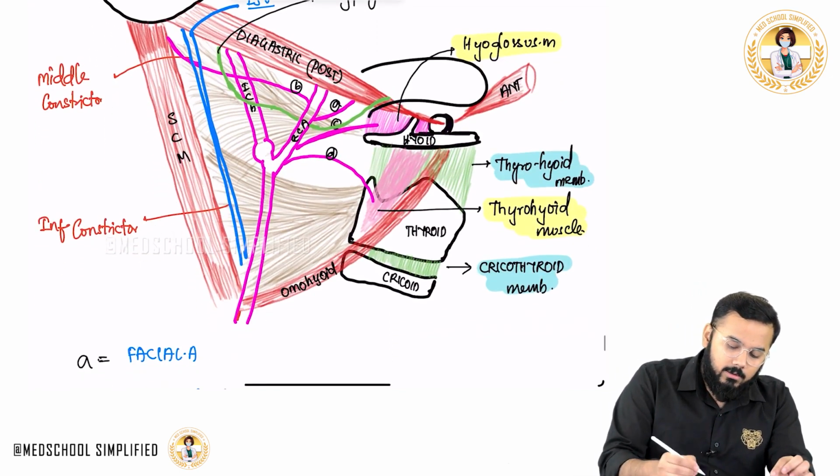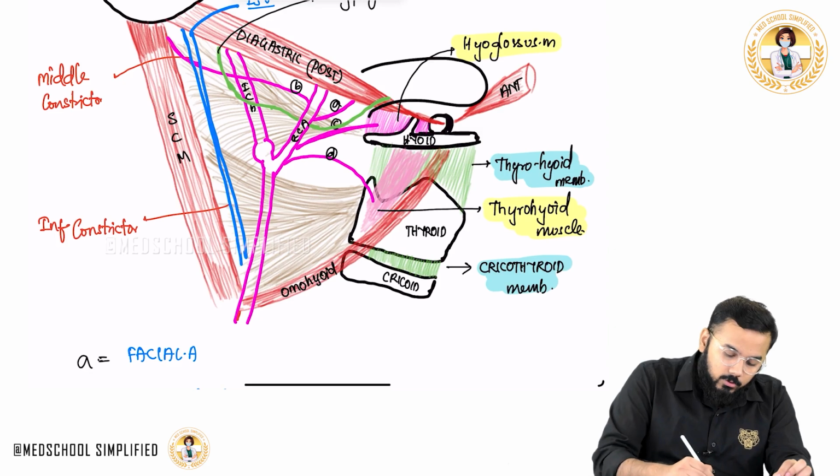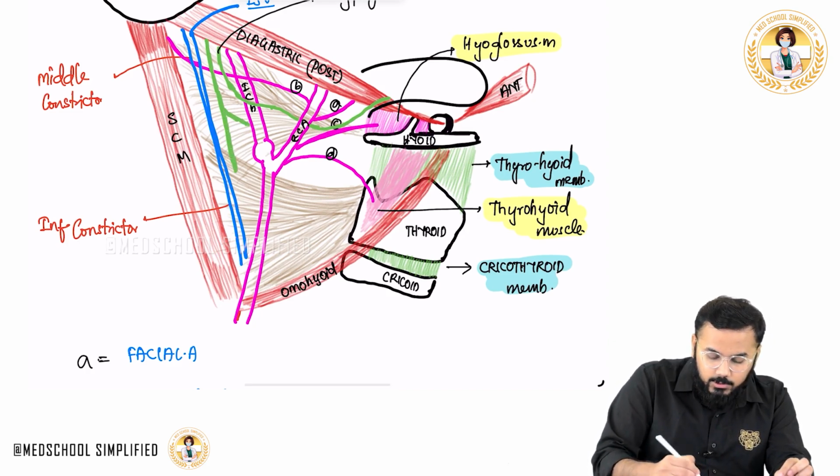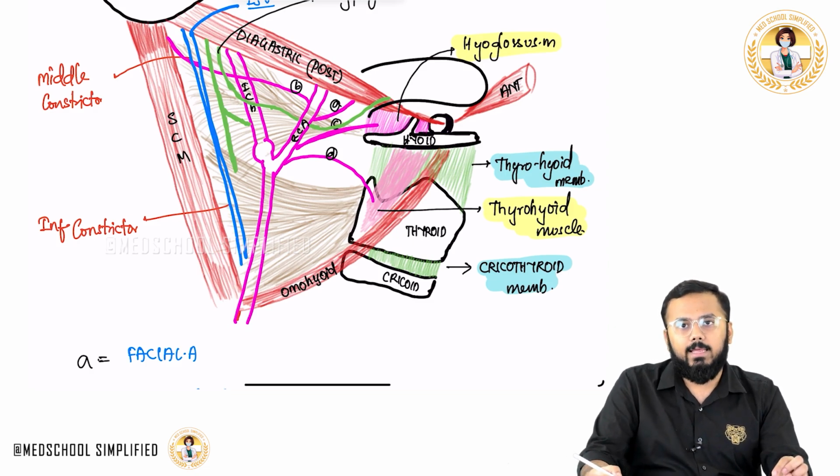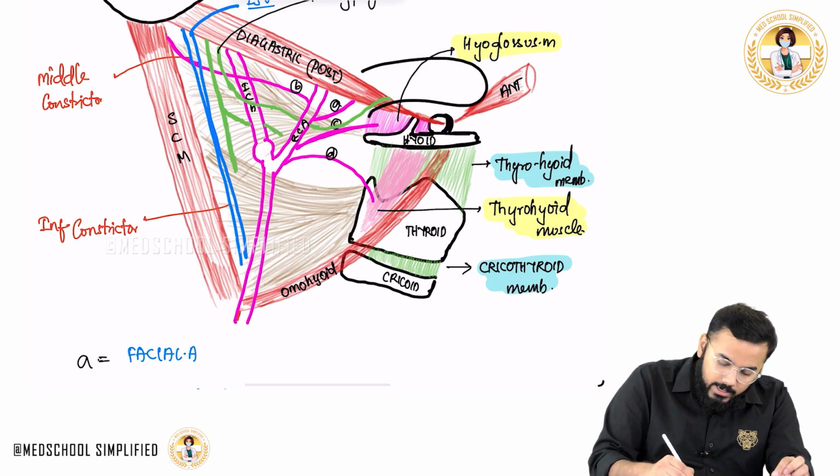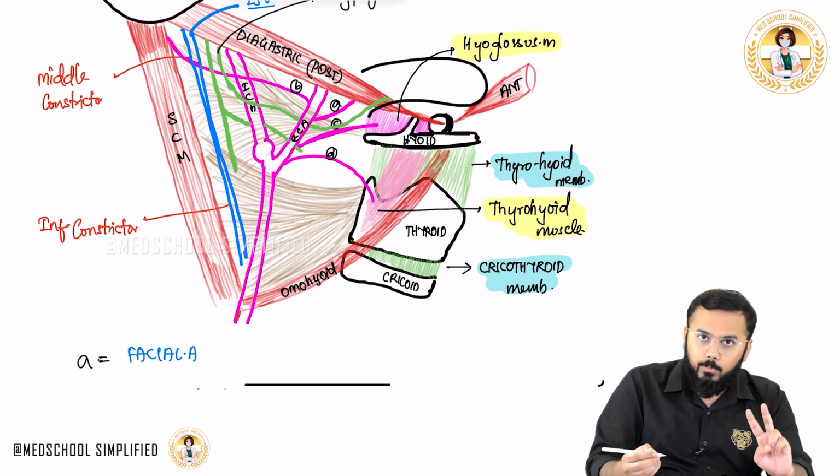After this hypoglossal nerve, look at the next nerve, which I am drawing right now. It is your vagus nerve. This vagus nerve comes down all the way and gives one branch called your superior laryngeal nerve. This superior laryngeal nerve gives two branches.